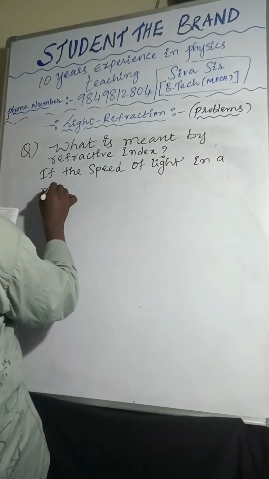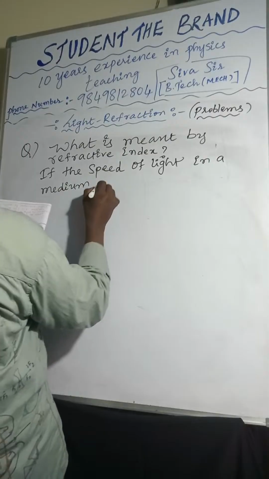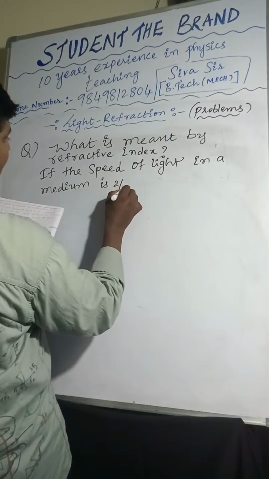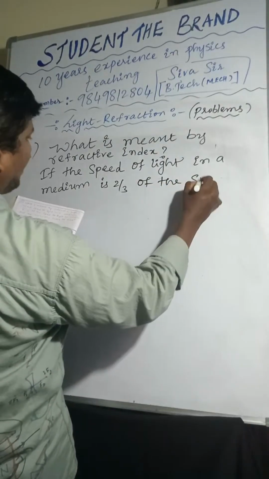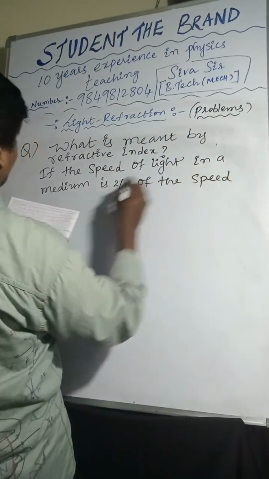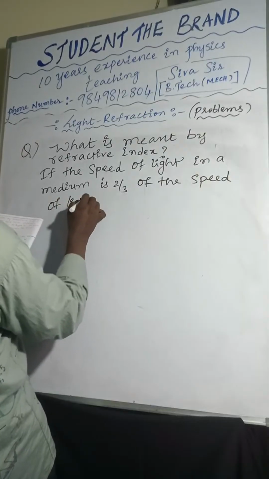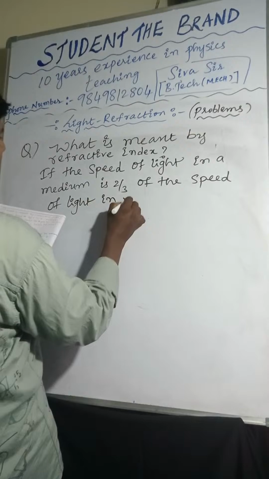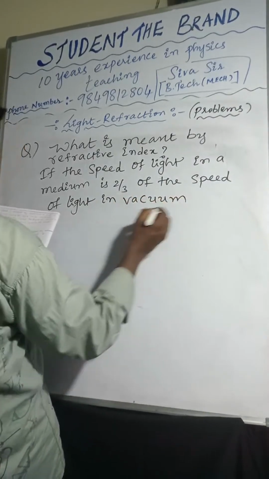In a medium, the speed of light is 2 by 3 of the speed of light in vacuum.